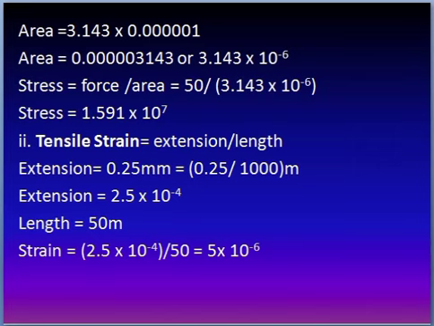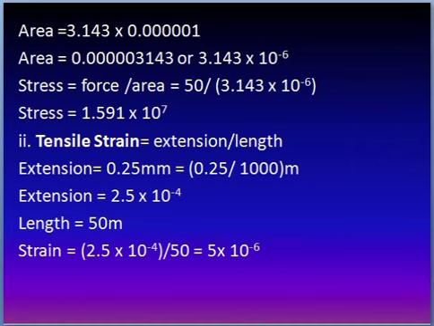The other value we have to find is our tensile strain. Our tensile strain is extension divided by length. Our extension is given as 0.25 millimeter, so we convert it to meter by dividing it by 1000. Our extension will now become 2.5 times 10 raised to the power of minus 4 meter.